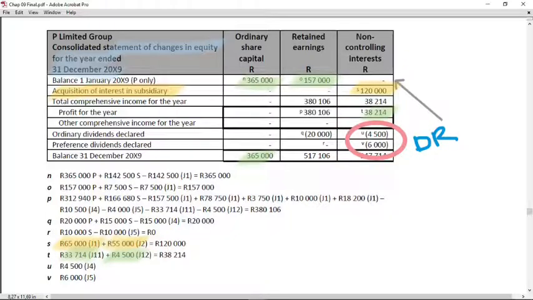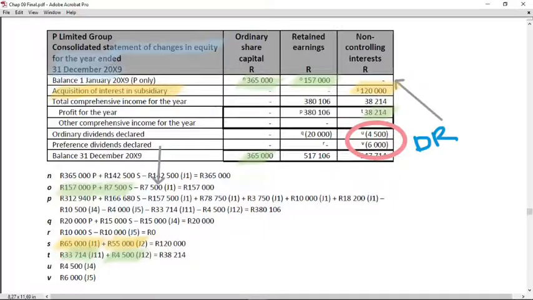It got eliminated. And there's no other retained earnings that I can include as an opening balance that was earned by the subsidiary since acquisition date yet. So that opening balance will be that of the parent plus that of the subsidiary, but the effect of journal 1 is that the 7,500 got eliminated.